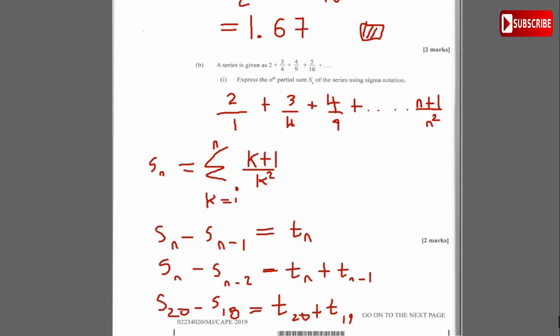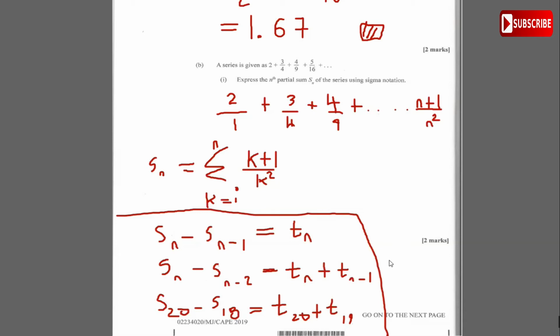Nice and easy, soft. If this doesn't make sense to you, the sum from 1 to 18 plus the 19th term plus the 20th term must be S20. The sum from 1 to 18 is S18.